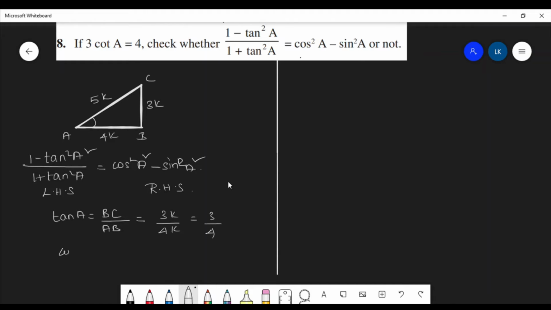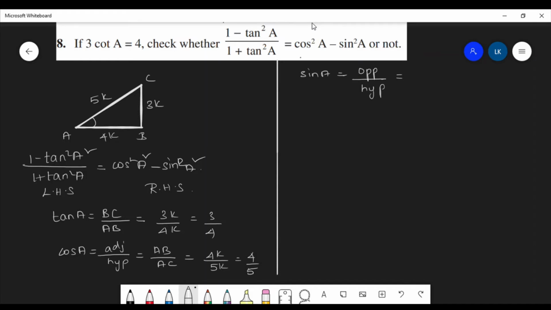And cos A is nothing but adjacent side by hypotenuse, which is AB by AC, equal to 4k by 5k, which is 4 by 5. And sin A is opposite side by hypotenuse.